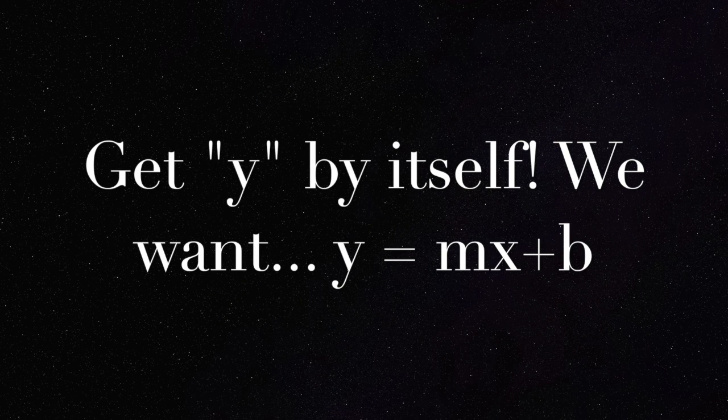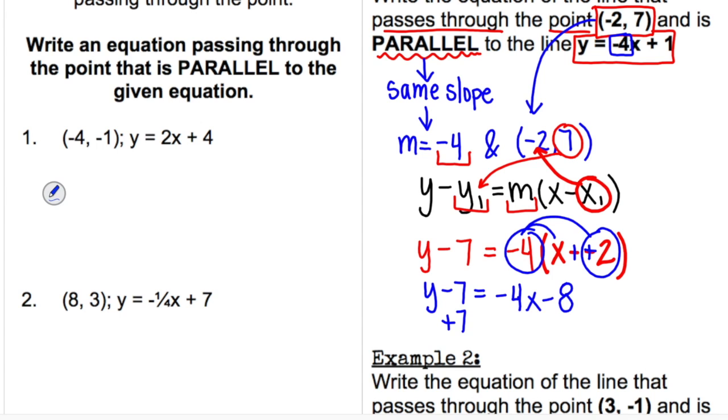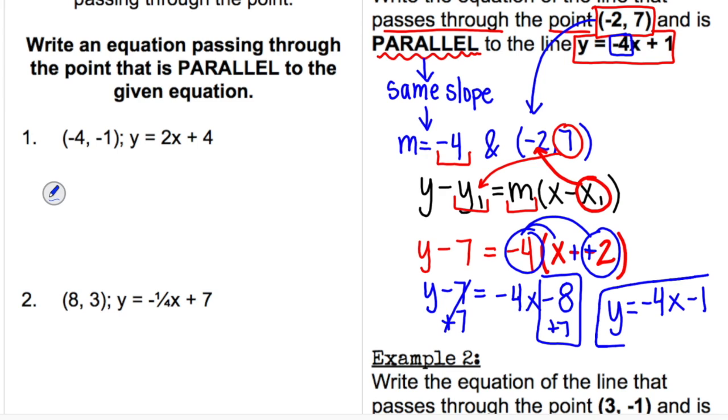In the end, we want y by itself, so we need to add 7 to both sides of this equation. Doing that gets y isolated on the left side, so we end up with y equals negative 4x, and negative 8 plus 7 gives us minus 1. So our new equation is y equals negative 4x minus 1.